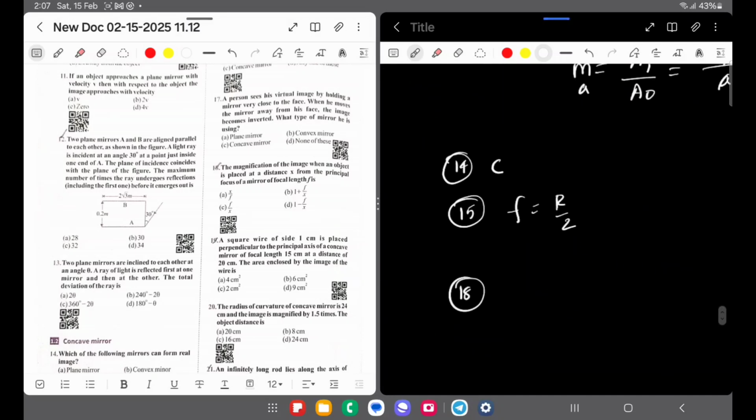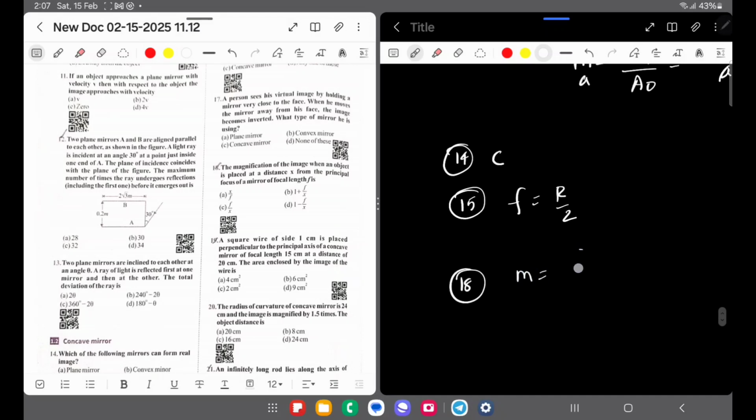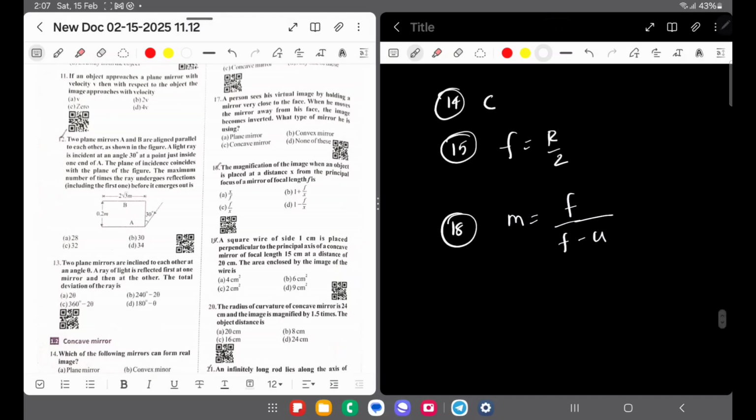So it is the magnification in terms of the object distance. Here the object distance is given as x, so I can write f by f minus x.